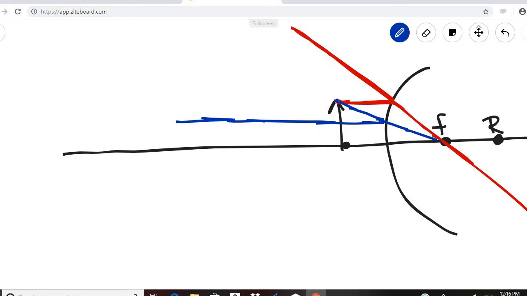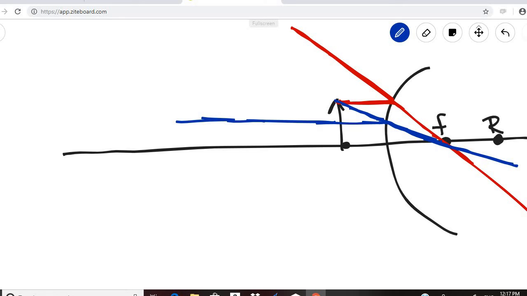Those lines are not going to intersect with each other on this side of the mirror, so we have to extrapolate them out. So it came in horizontally and reflected out here. So we extrapolate that out.